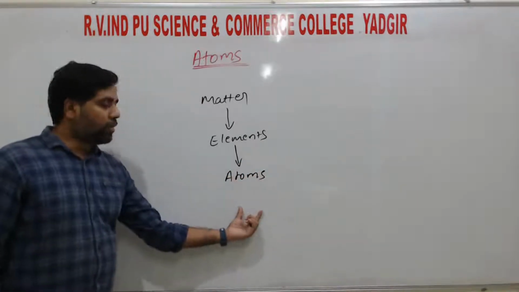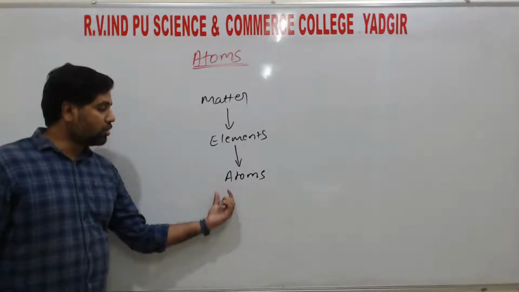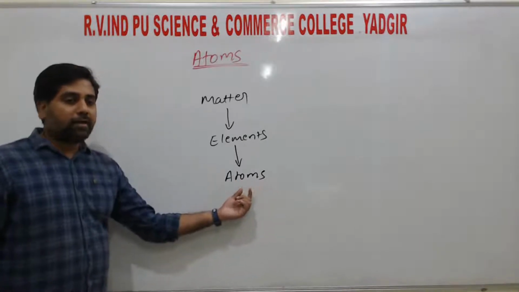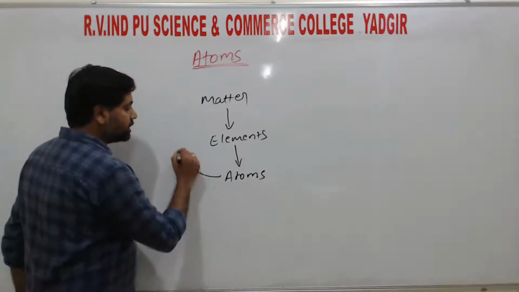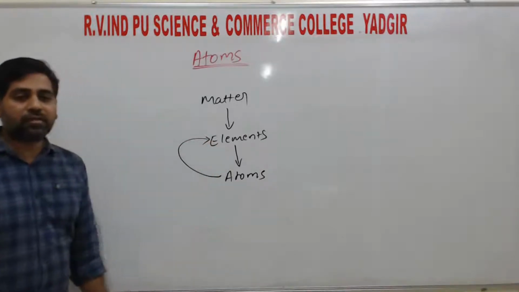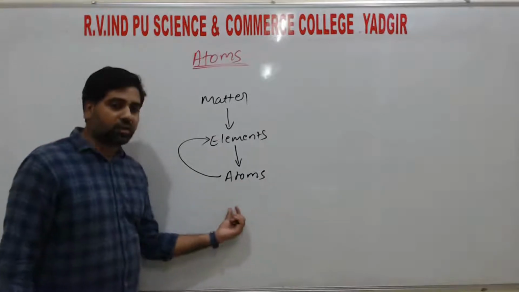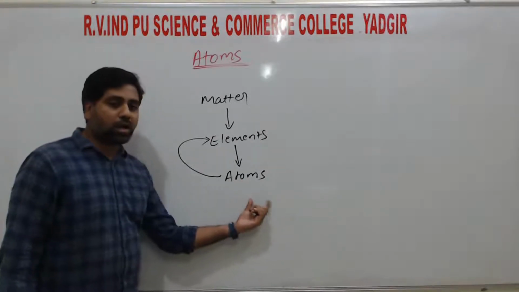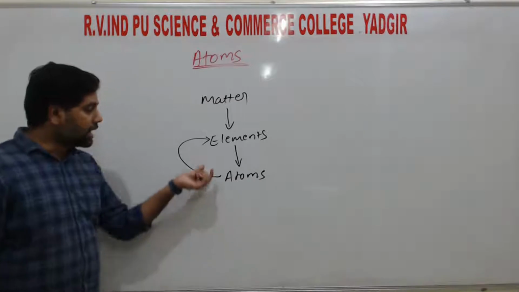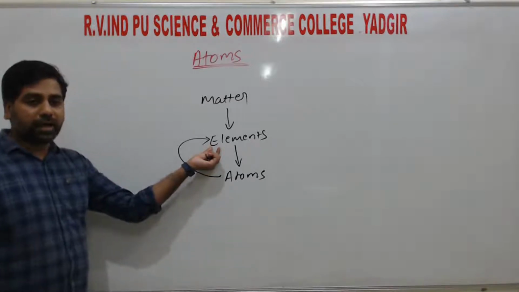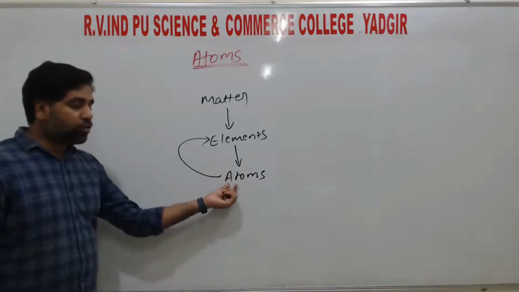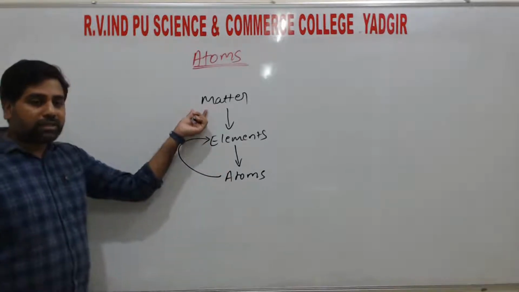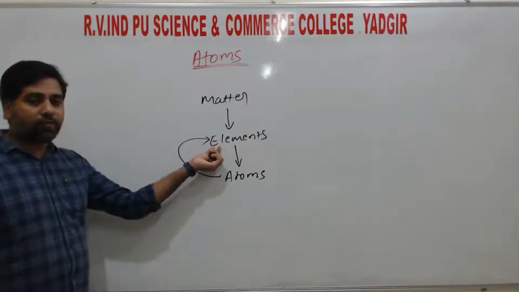We can further divide atoms, but these atoms have the same characteristics of the element. If we further divide atoms into smaller particles, those smaller particles will not have the characteristics of the elements, right? So atoms are the smallest unit of matter which has the same characteristics of the elements.